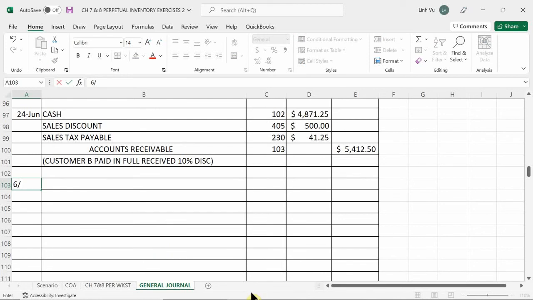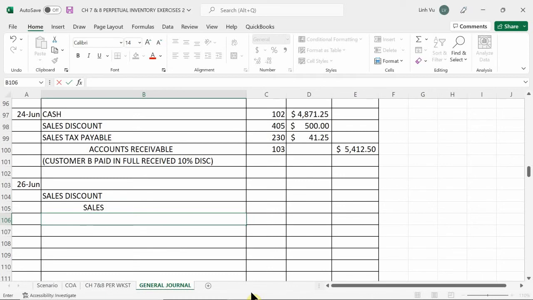You're going to recognize sales. You're going to recognize the discount. What else are you going to recognize? Mugs. We're not updating our inventory right now. We need to acknowledge the transaction at hand.